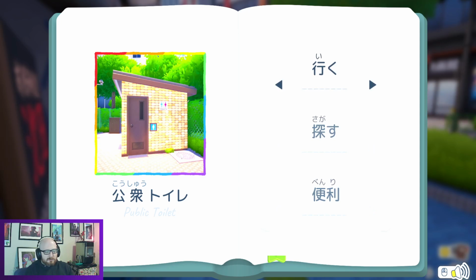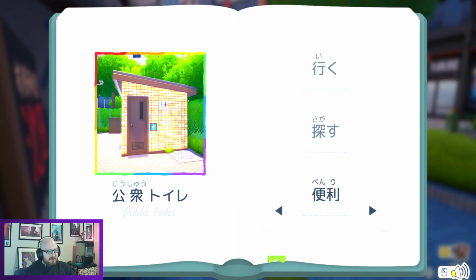We have 行く, maybe the second verb you'll ever learn. I think I learned 食べます before 行きます, but yeah. Then we have a verb that I learned in this series because I had never looked it up.